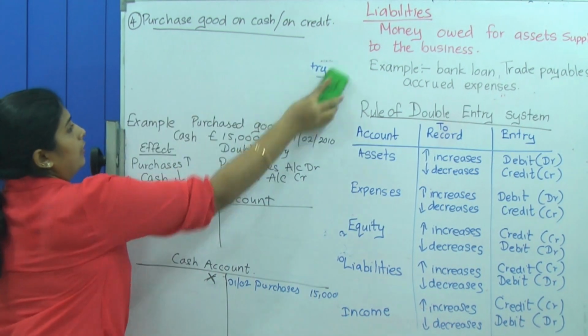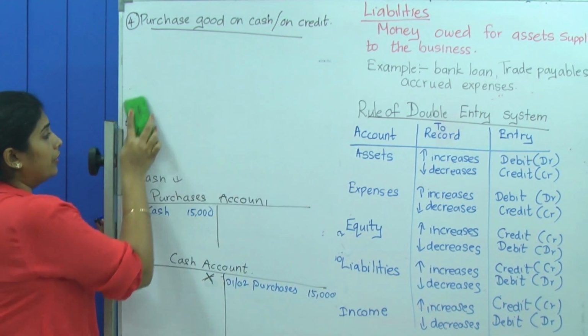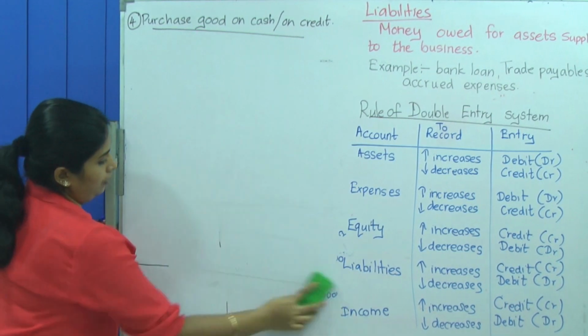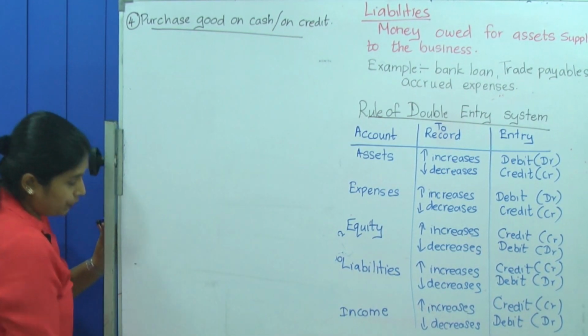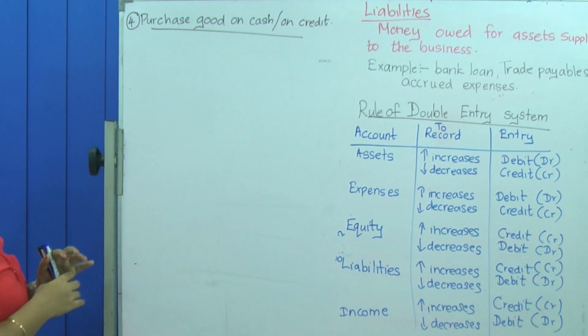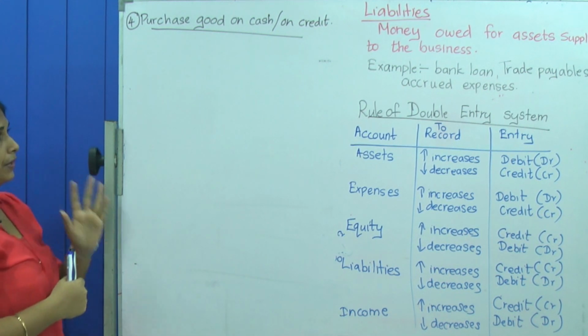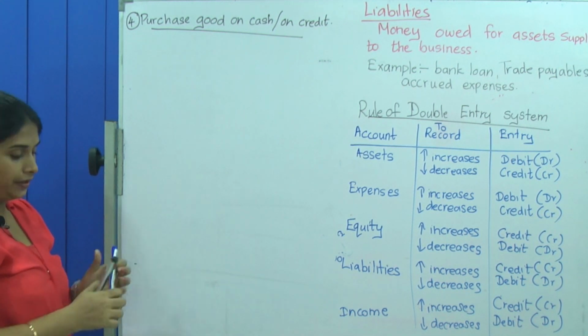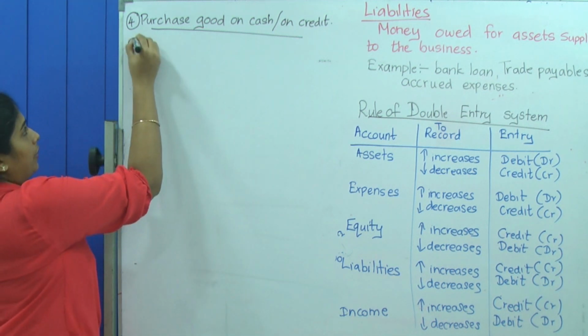Now we are going to learn when you purchase something on credit. That means you purchase goods to resell, but without paying cash, you tell the supplier you will pay at a later date. So on credit.